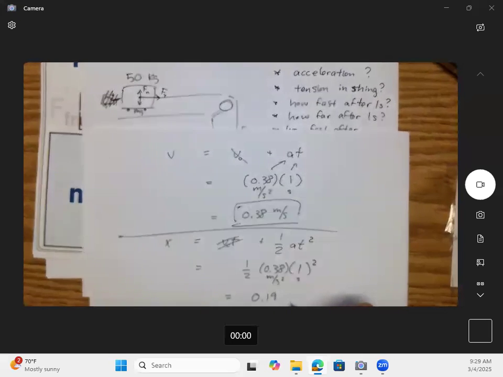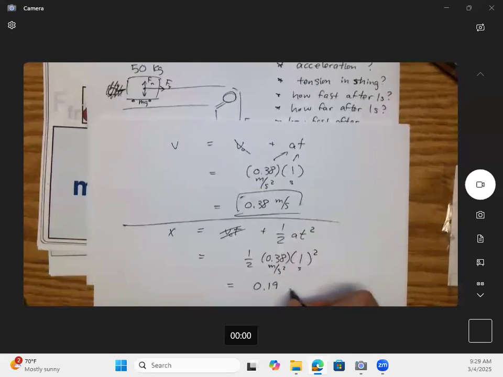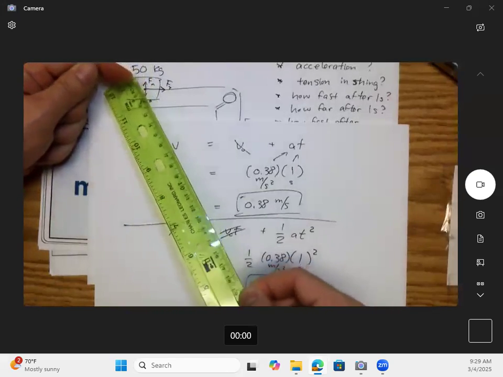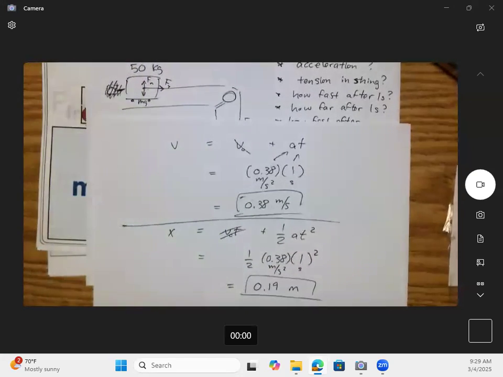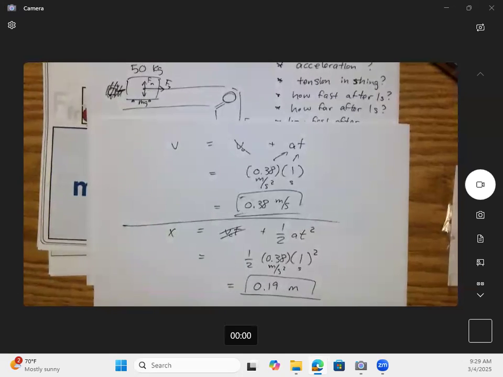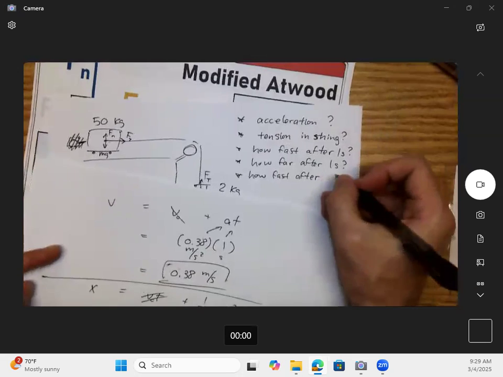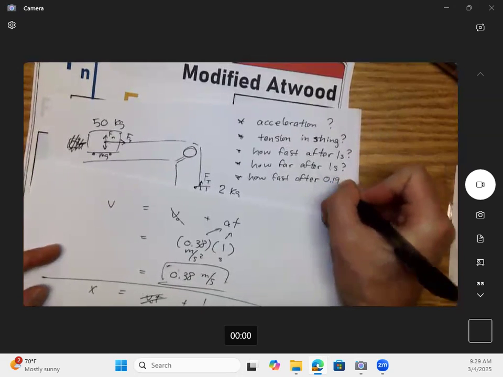And guys, what's the unit on that? 0.19 what? Meters, yeah, because it's a distance. That's about 19 centimeters. Here's 19 centimeters, about 2/3 of the ruler. That's how far I moved. Right, you guys good? Now last question: how fast after I go 0.19 meters?